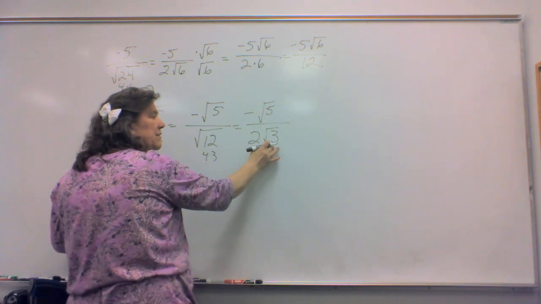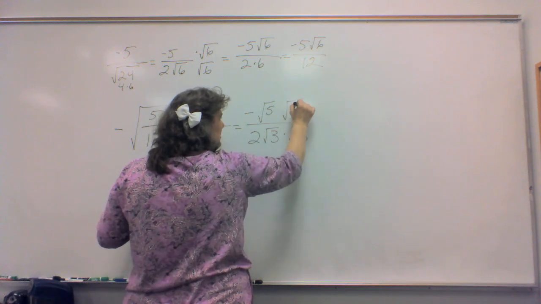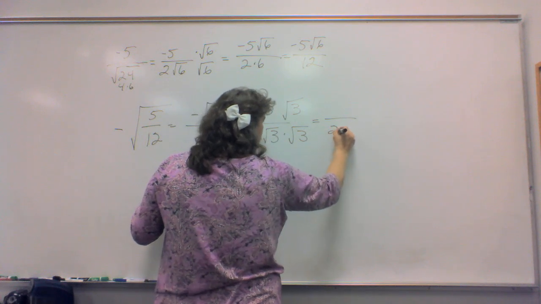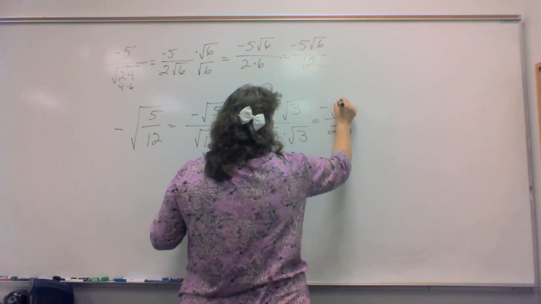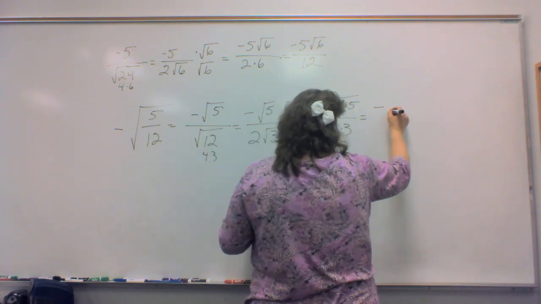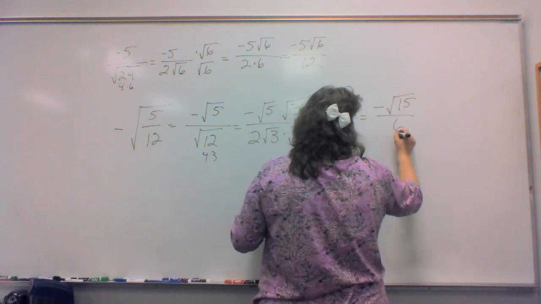Now, we need to get rid of that square root of 3. Multiply top and bottom by that square root of 3. And that's going to give me 2 times 3 on the bottom, and negative square root of 15 over 2 times 3, which is 6.